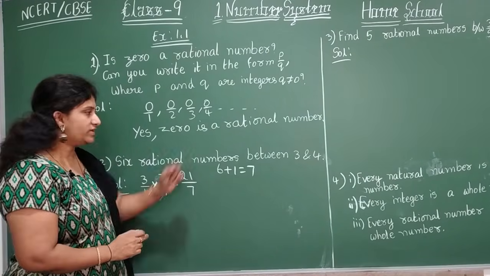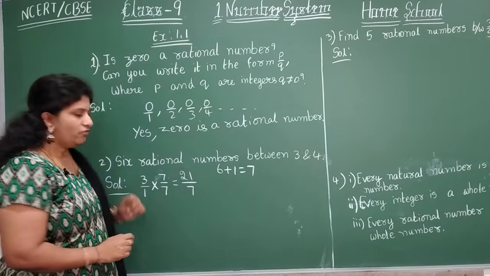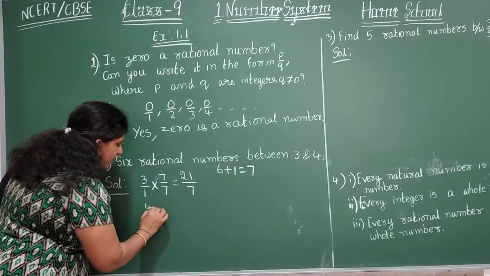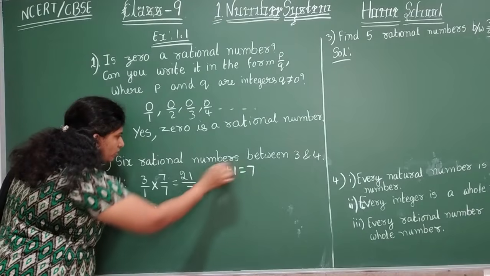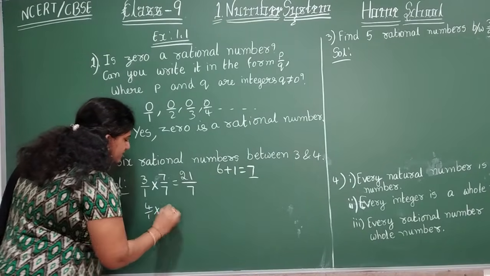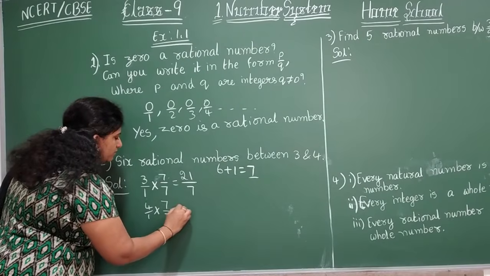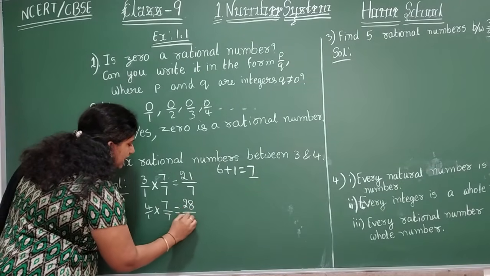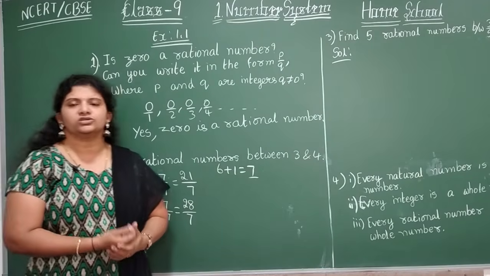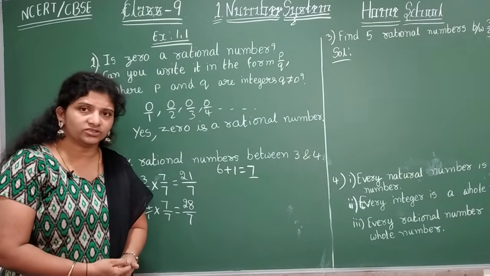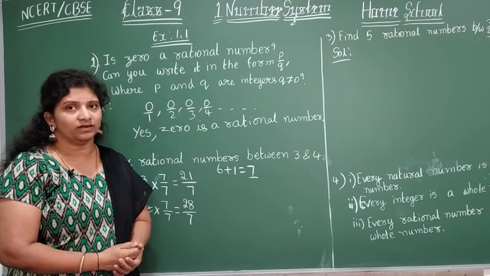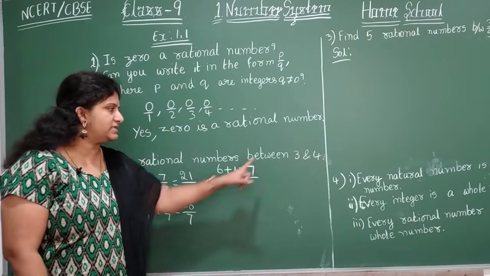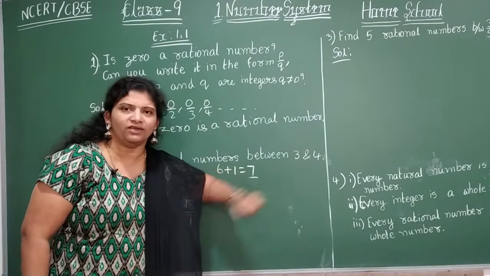So now what's your next number? 4. 4 can be written as 4 by 1 into what number you got here, children? 7. 7 4s are 28 by 7. So why have we done this, children? In order to find the 6 rational numbers in between 3 and 4.